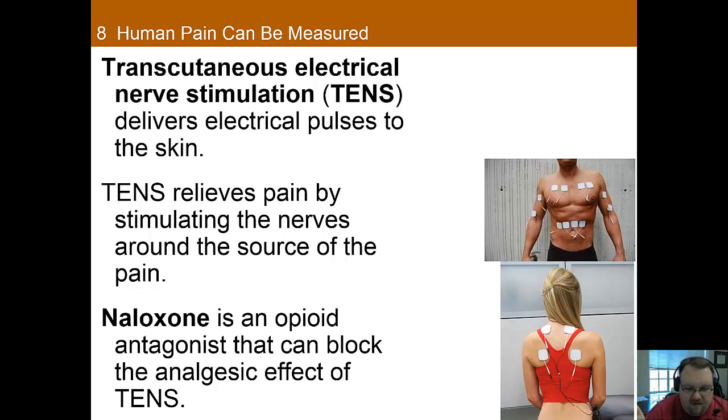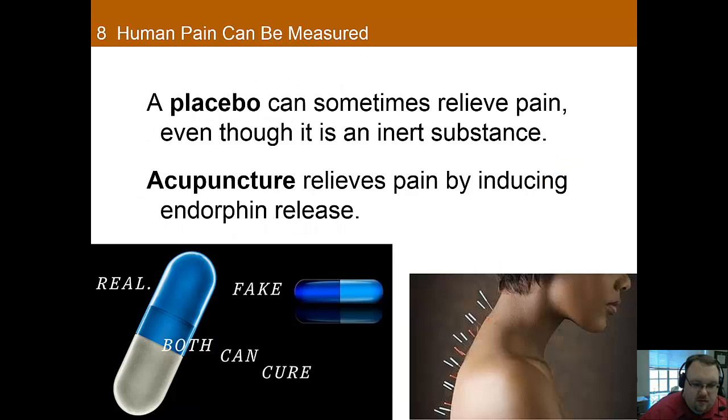We think this is the case because giving a patient naloxone, which blocks the opioid receptors, also blocks the analgesic effect of the TENS unit, suggesting that these natural opioids are playing an important role in the pain-reducing effect observed with using a TENS unit.